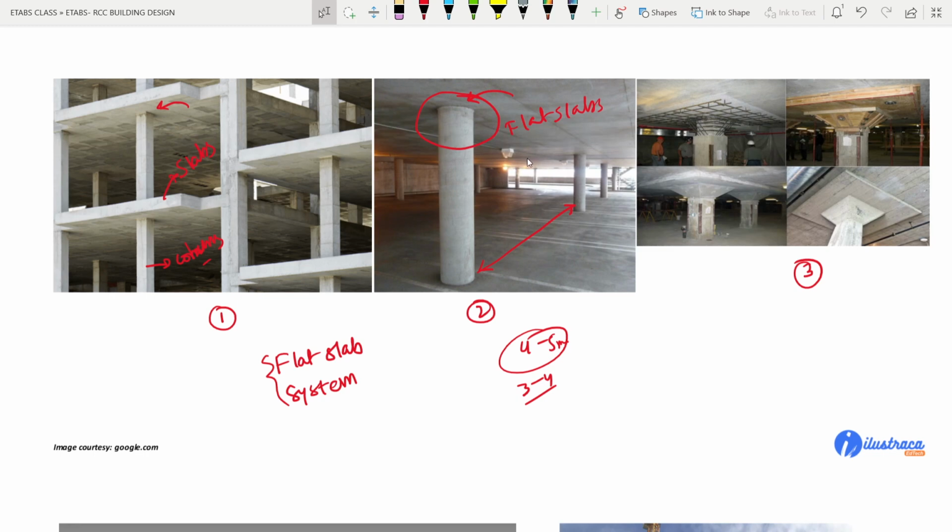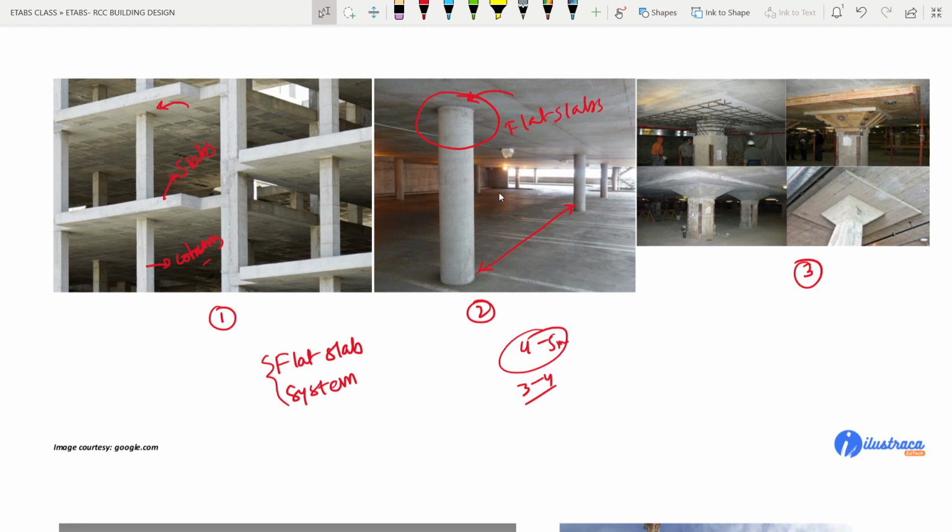So that's why, even if I talk about the lateral forces, we will explain later why in seismic zones or where lateral force is higher, the code does not recommend this kind of structural system. But this is also a kind of RCC structural system where we may not have beams.